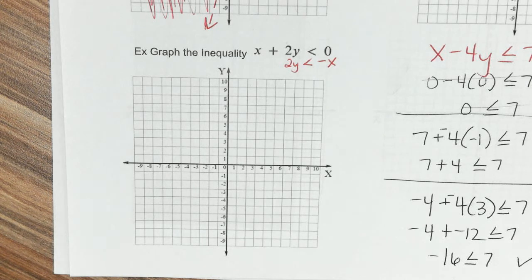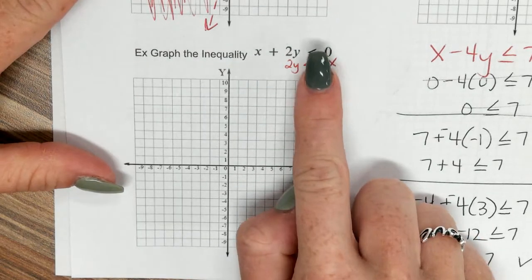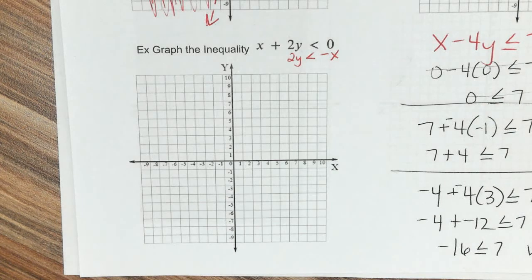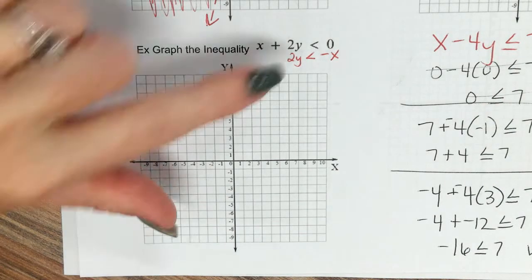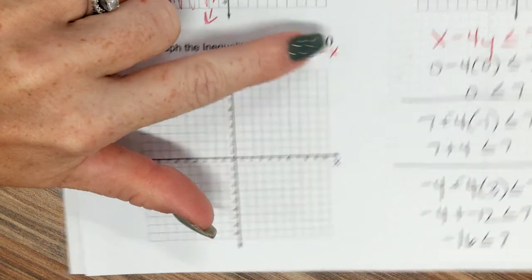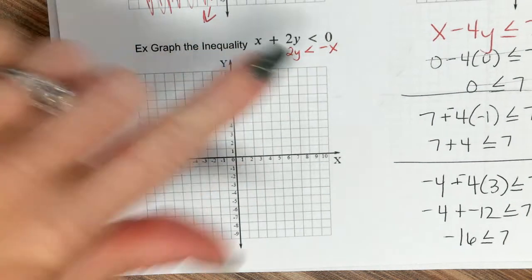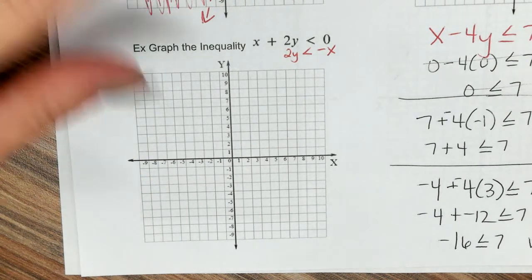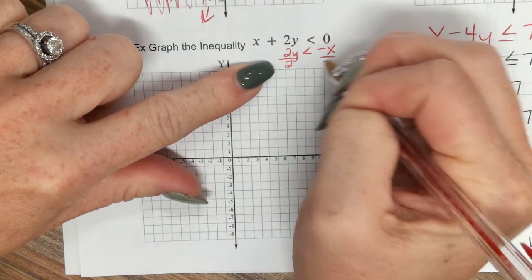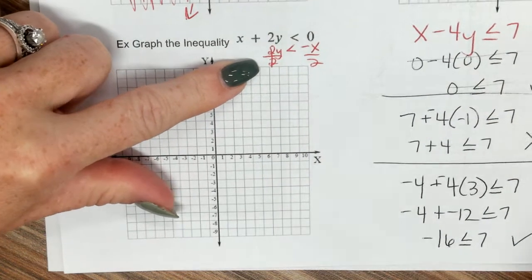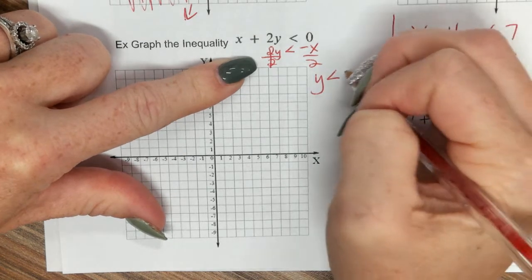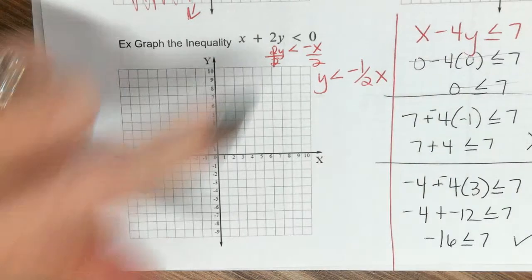Yes, but what happens to an inequality sign? It has to flip, right? So that is where students mess up the most. If you have to rearrange it and you multiply or divide by a negative, this sign would flip from a less than to a greater than. Make sense? All right, have I multiplied or divided by a negative? So do I have to worry about that? No. I'm going to divide by 2. Did I just divide by a negative? Nope, so I'm good. Y is less than negative 1/2 x.